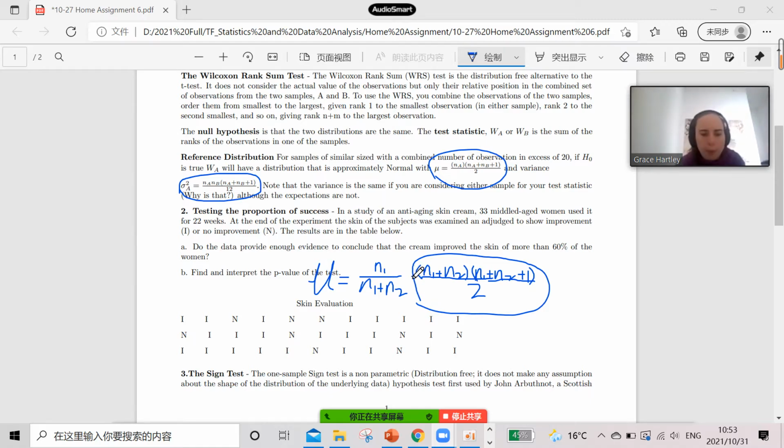So basically, this is a times in the middle. On the right side, what I circled here is the sum of all ranks.